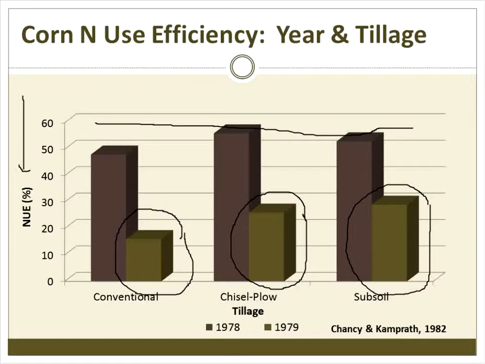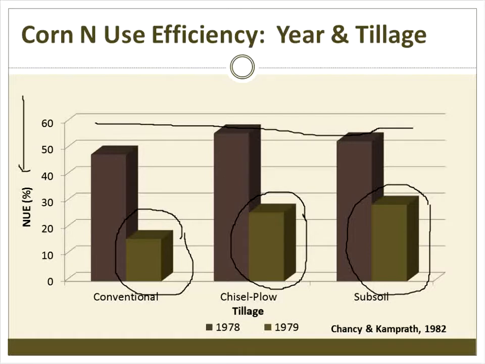1979 was a drought year. Water was extremely limited. When water gets limited, the ability of the crop to grow and absorb nitrogen also gets lowered. And so there was less nitrogen absorbed. Chisel plow and subsoil systems did a better job of breaking up that plow pan. It allowed the roots to get deeper, to absorb more water and absorb more nitrogen.